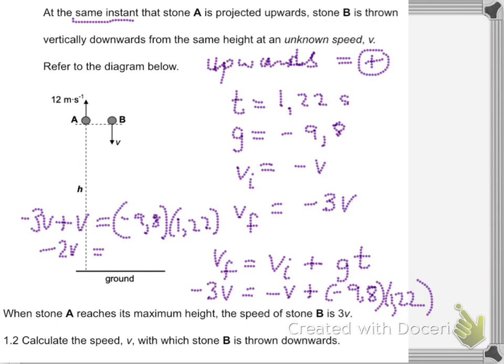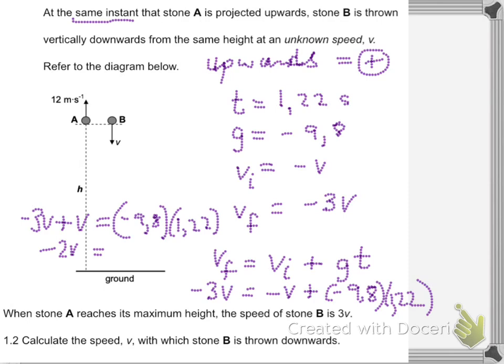So we have 9.8 multiplied by 1.22 is equal to, and that gives you 11.96.